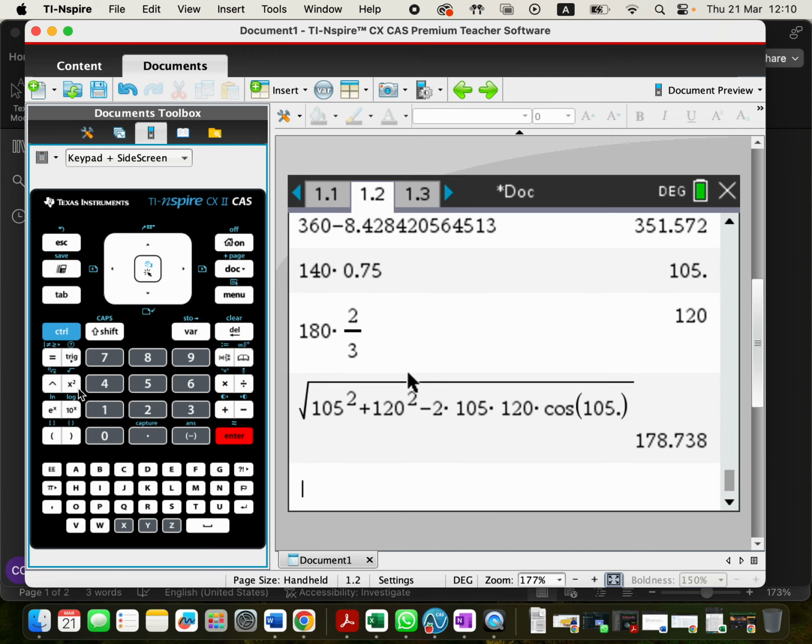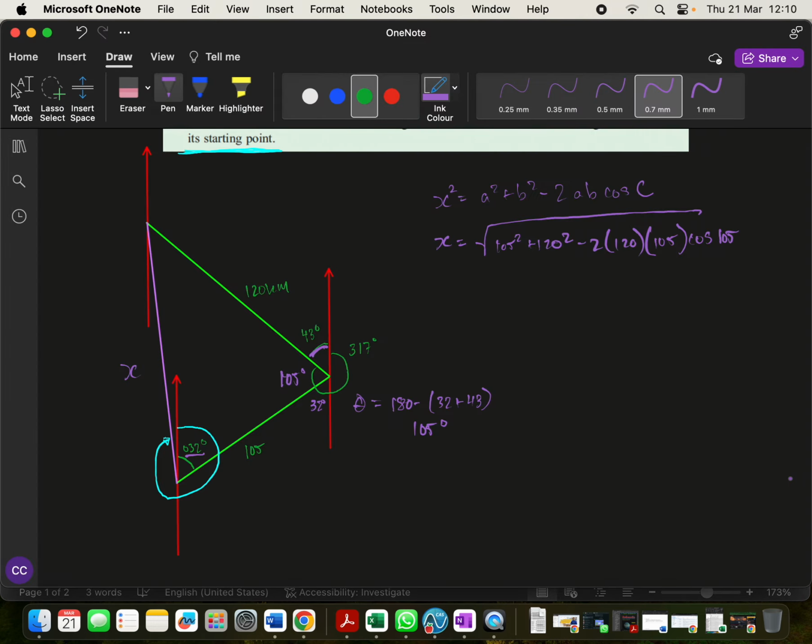I want a decimal, so I get 178.738. So we know that x is approximately 178.738, which gives about 179 kilometers.